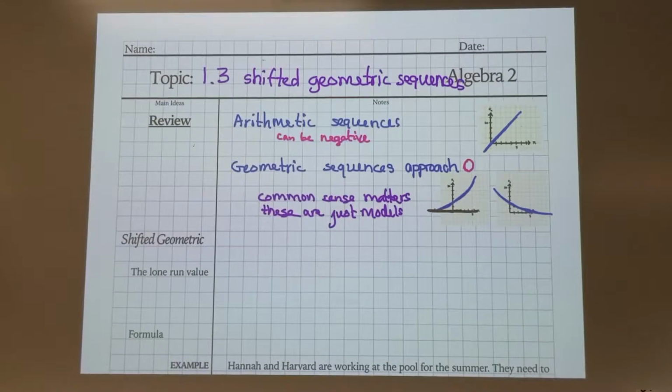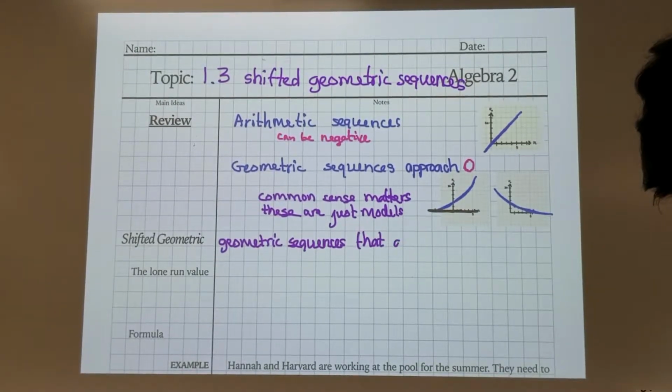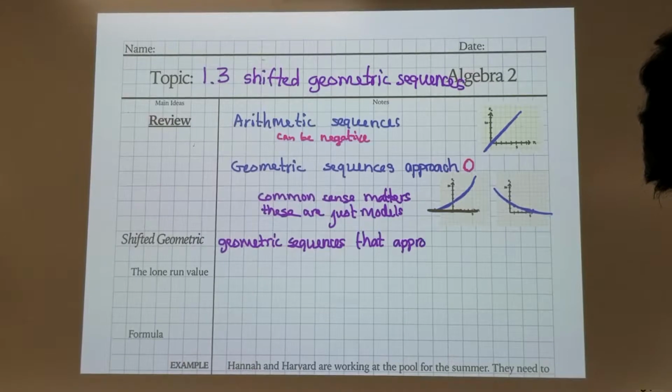Let's talk about shifted geometric sequences. These are geometric sequences that approach values other than 0.